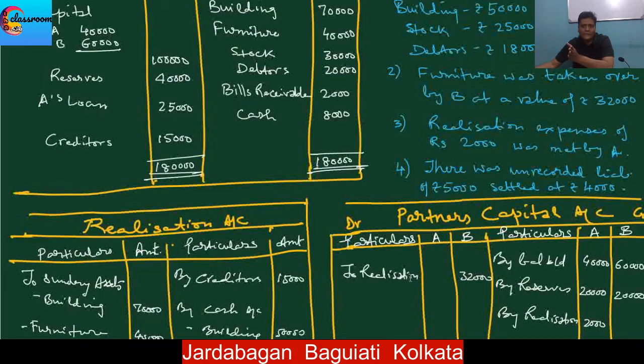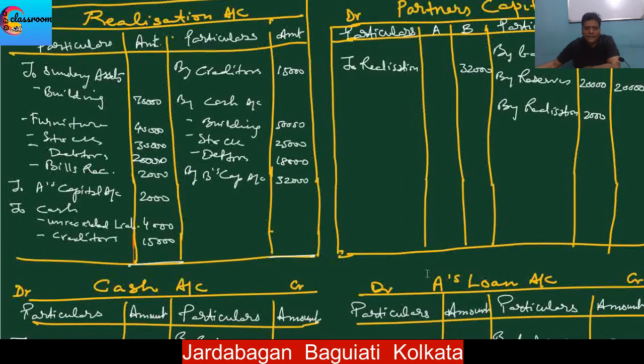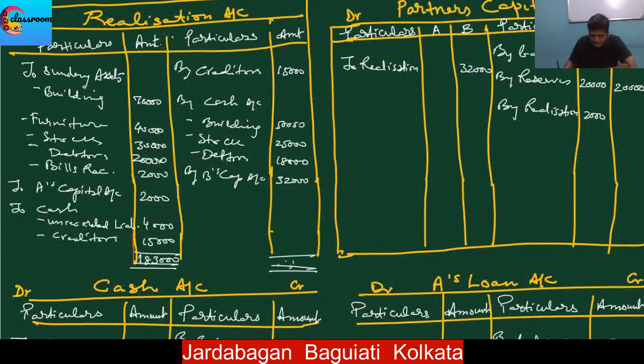Now I need to close the accounts one by one. First, we will close the realization account. The total over here is 1,83,000. And there's a difference of 43,000 over here, which is realization loss transferred to the partners in the old ratio, which is equal.